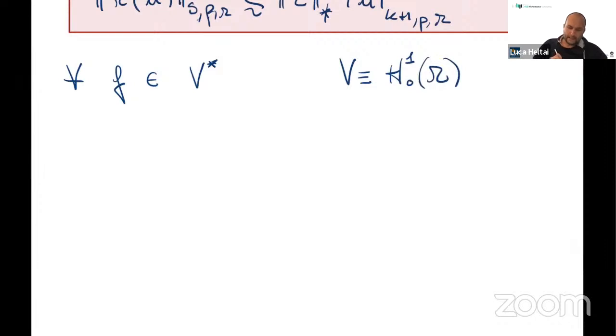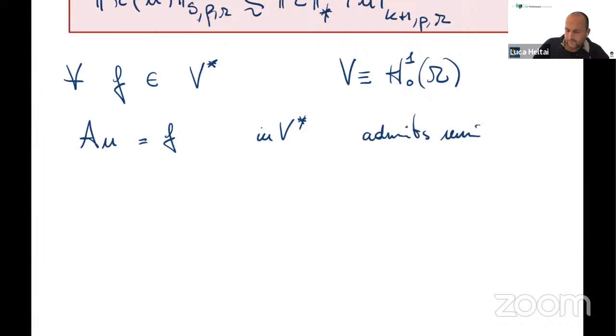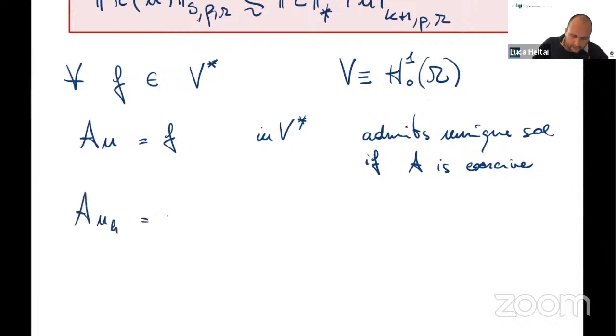Okay, and for any f in V star, the problem A u equal f in V star admits a unique solution if A is coercive, assuming that A is a linear function that goes from V to V star. We wrote the finite element version of this as this was in V_h star, where V_h was included in V.